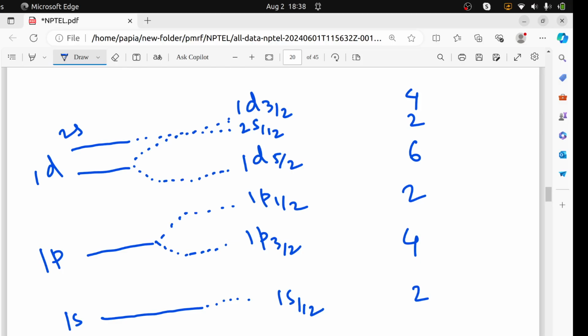Now see the numbers: it is 2, then 4 plus 2 as a whole is 8, then 6, 4 as a whole comes as 20.